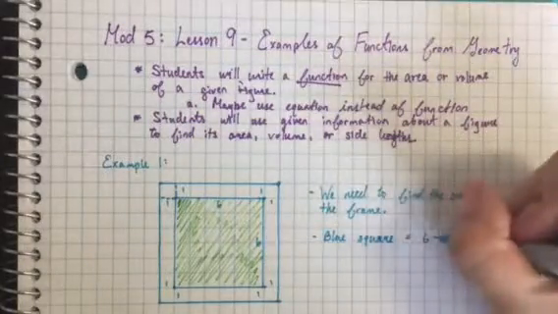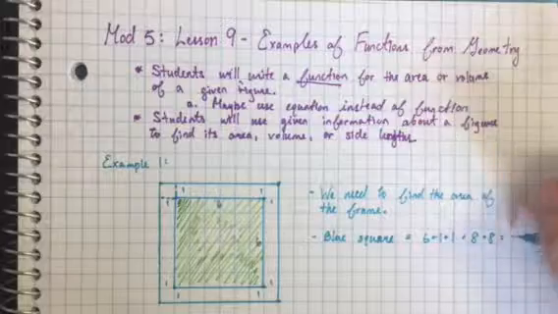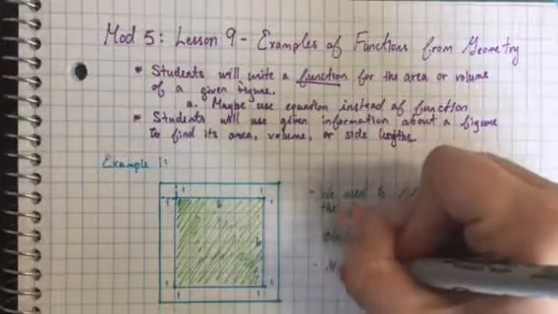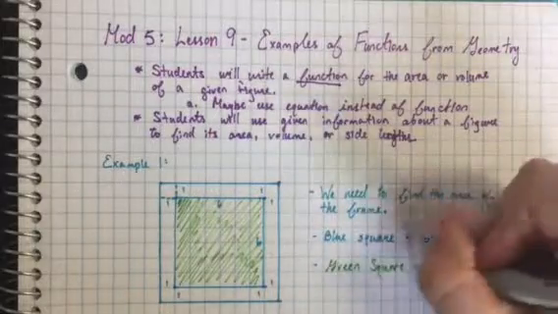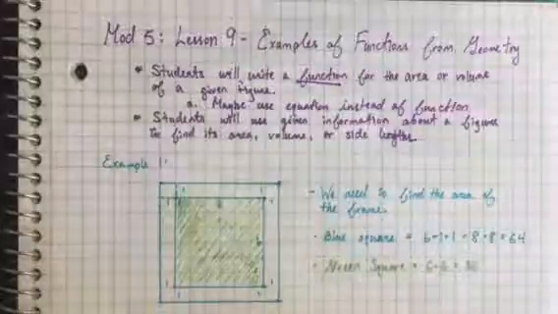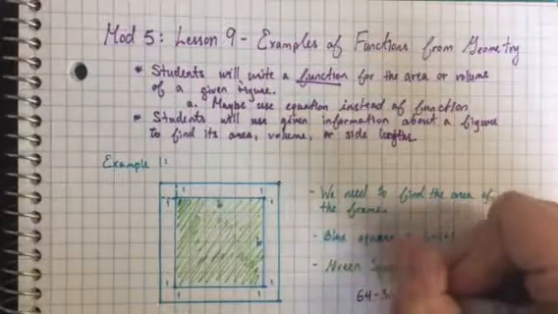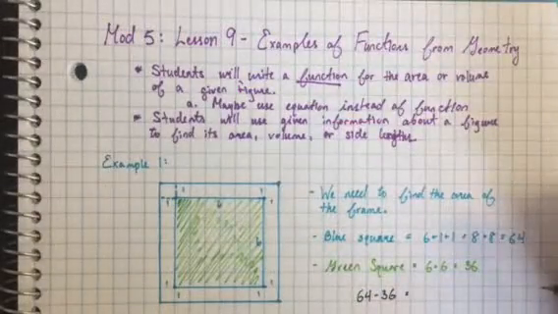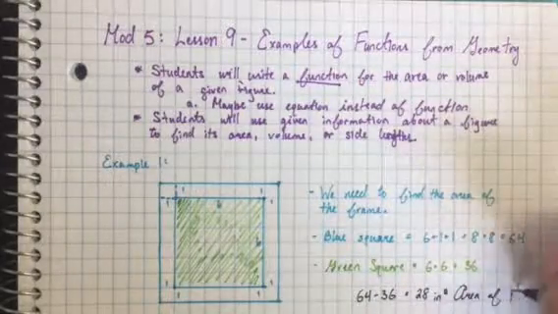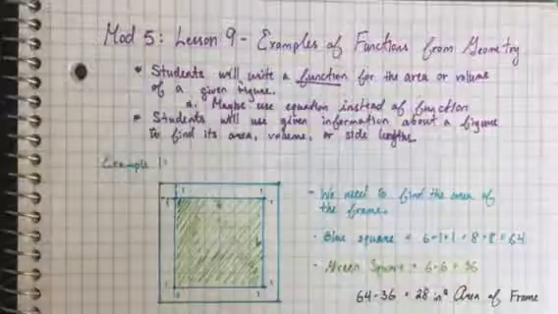So the blue square has a side length of 6 plus those 1 inch picture frame borders, which gives me a side length of 8. 8 times 8 is 64. That would be the area of that large blue square. Where the green square has a side length of 6, 6 times 6 is 36. By subtracting the small square from the large square, I get the remaining area of the picture frame, which is 28 inches squared.